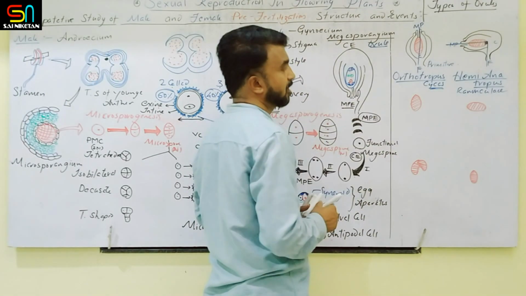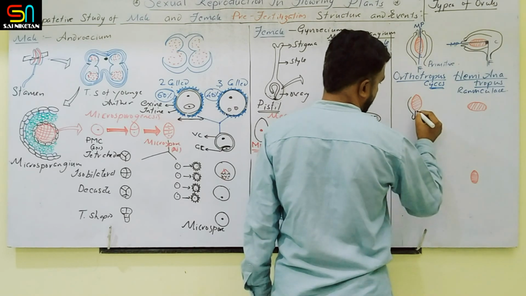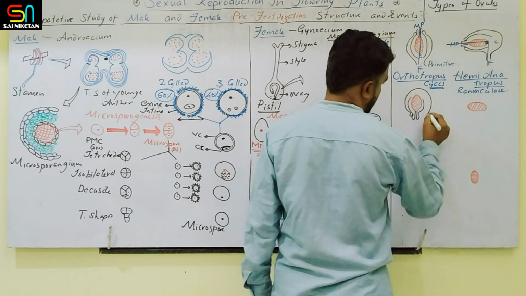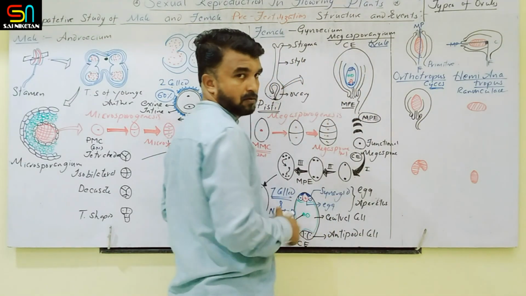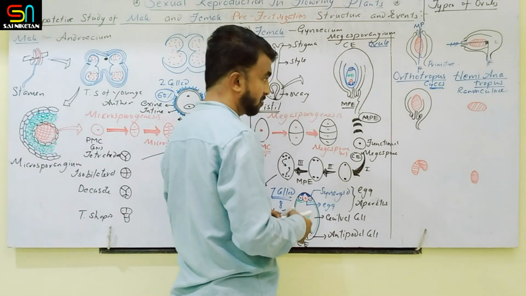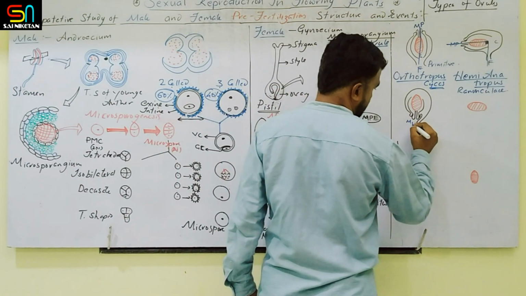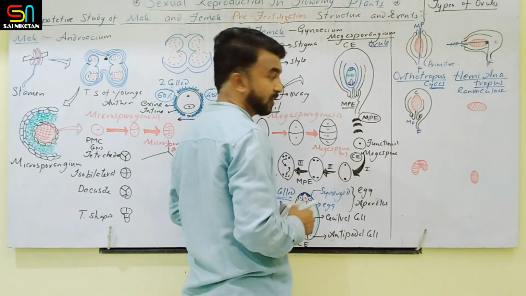If curvature is a little bit more, yes, total rotation. If funicle is here, micropyle is nearby to this one, chalaza is totally opposite to this one. Why does this happen?